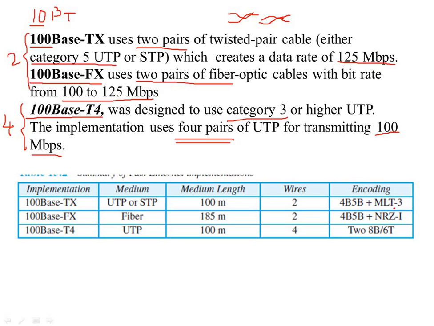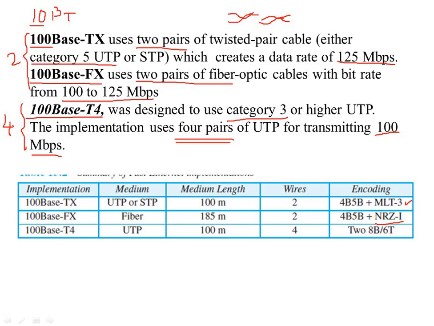These encoding techniques, if you are interested, you can go through the books, or you can refer to the standards of 802.3 related to this fast Ethernet. Then 100 base FX will be utilizing the fiber optic cable. The maximum length is 185 meters. The 2 wires are utilized, but here the coding technique is different.